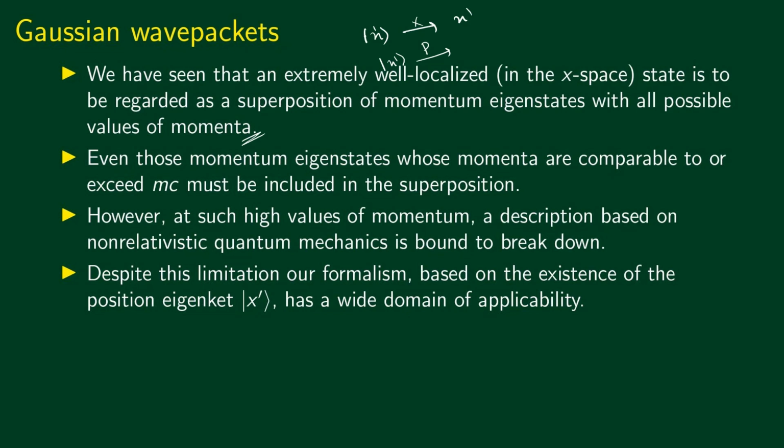But when we do this, we have to include even those momentum eigenstates whose momenta are comparable to or exceed mc. We have to include also those momentum eigenstates with momentum which exceeds the relativistic barrier, because the formalism says that the probability amplitude for all momenta is equal. So for a well-localized position state, the probability amplitude for every momentum value is equal, even if it exceeds mc.